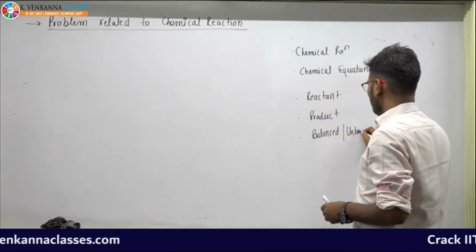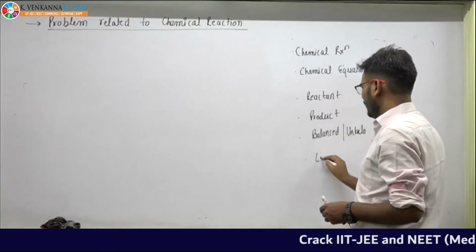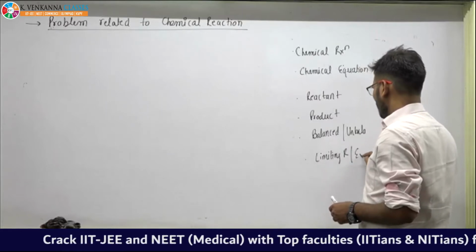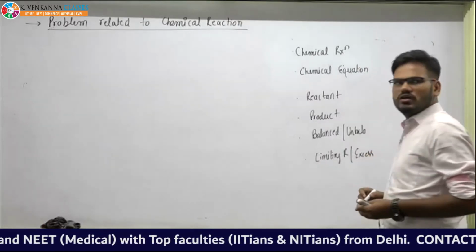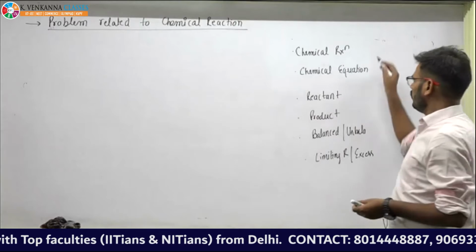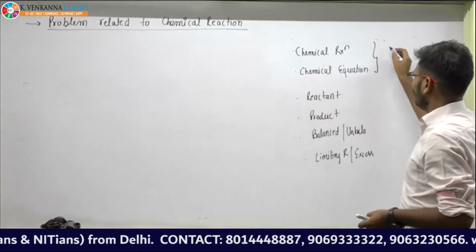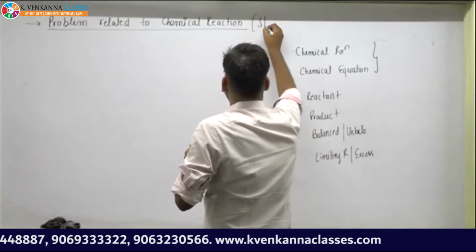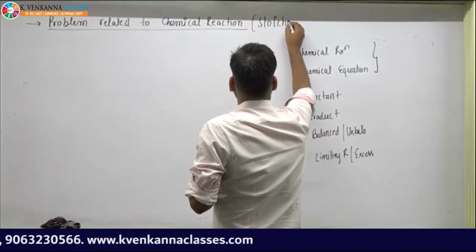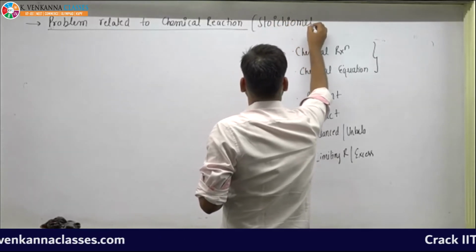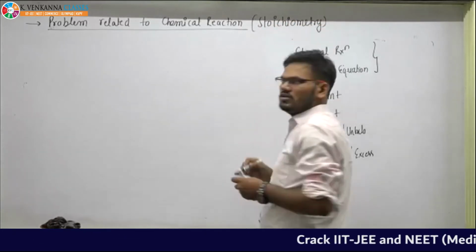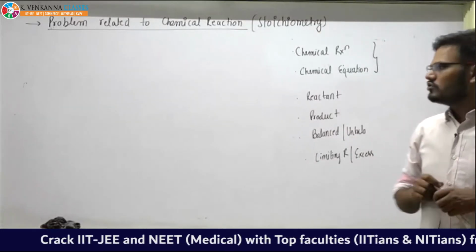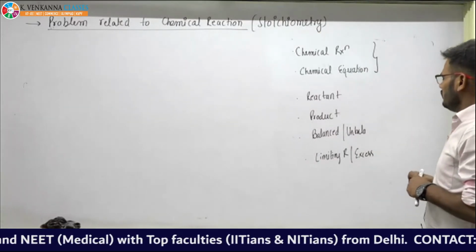And in the later part, what is limiting reagent and excess reagent. Understanding all this, the problems related to chemical reactions, is known as stoichiometry. Calculation related to chemical reactions.